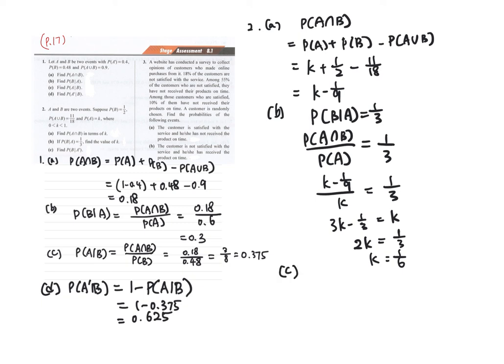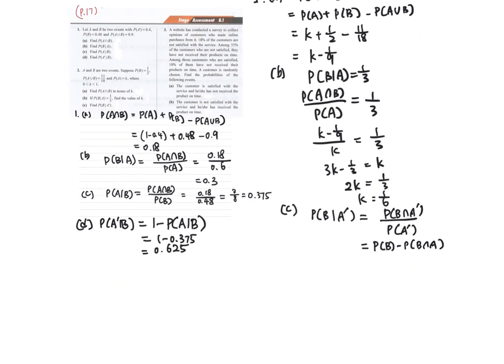Given that not A, what would B be? It becomes the probability of B and also not A over the probability of not A. For the numerator, probability of B and also not A, you have to make sure that you understand it means probability of B minus probability of both B and A happening.